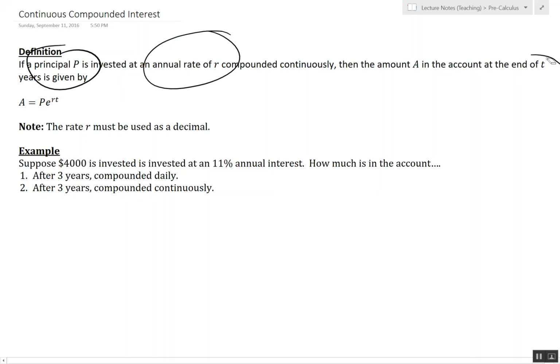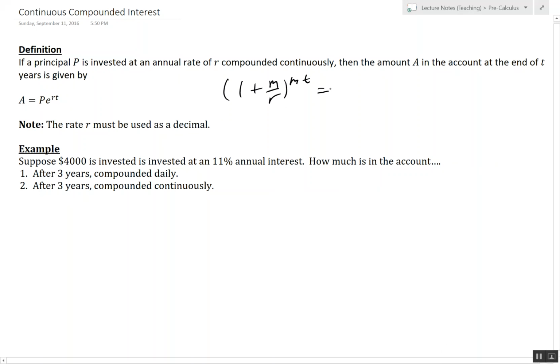Notice that the function e, the exponential with e, comes in, because we can actually write 1 plus r over m to the mt, which can be rewritten in terms of 1 plus 1 over x to the rt, and as t goes to infinity, this will approach the function e to the rt.